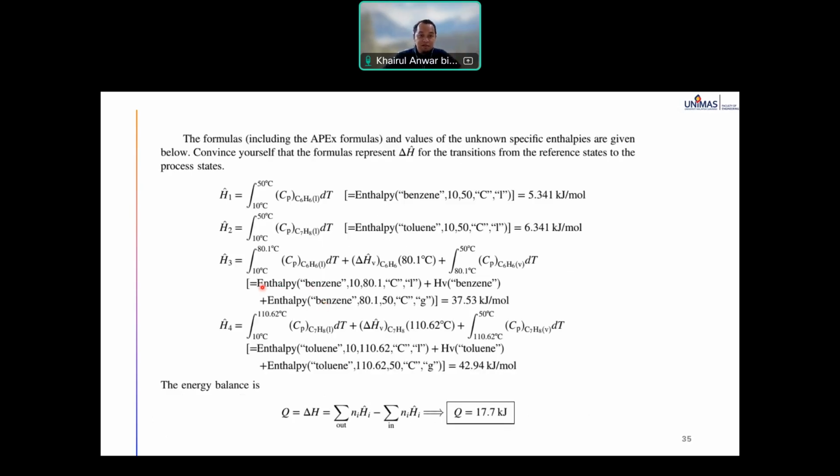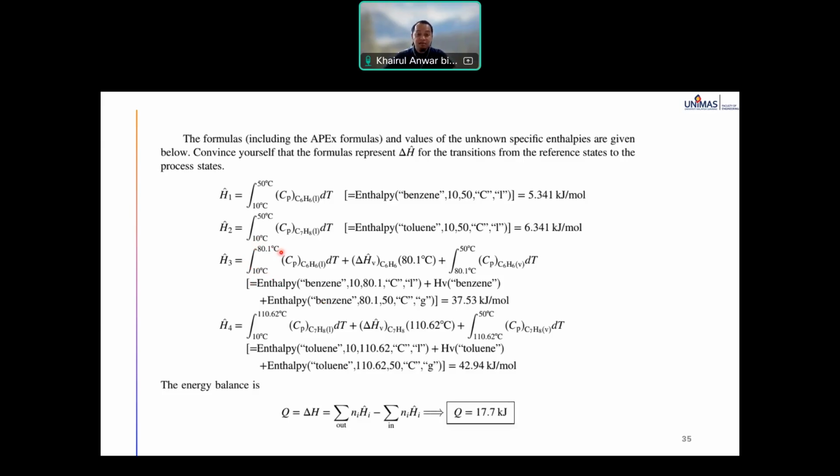So what we do is, this is the initial temperature, then the 80.1. Where does this value come from? It is from table B1. In table B1, you search for the boiling point, TB.